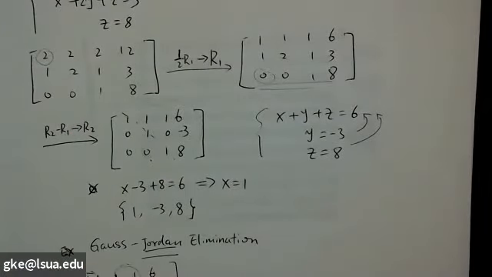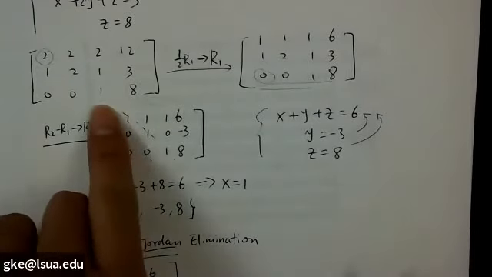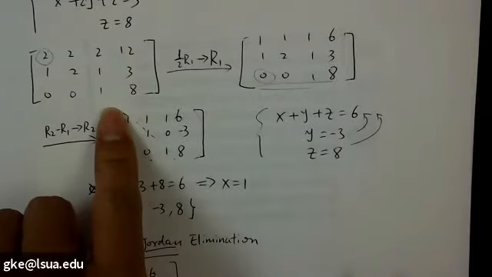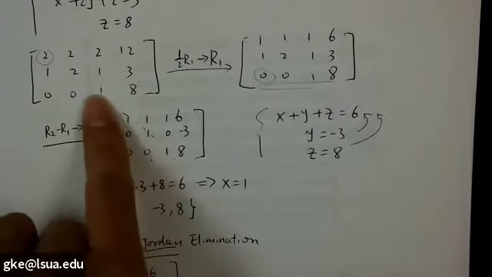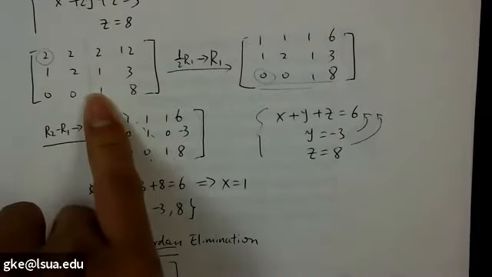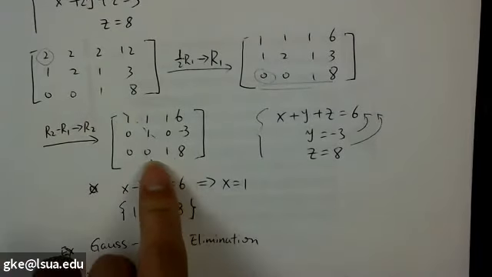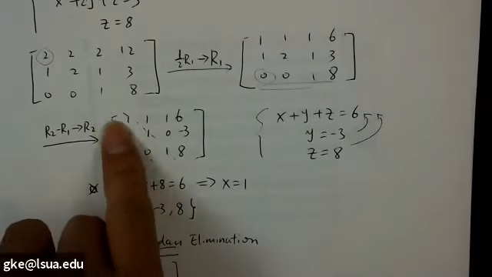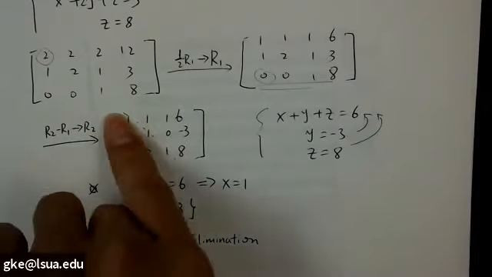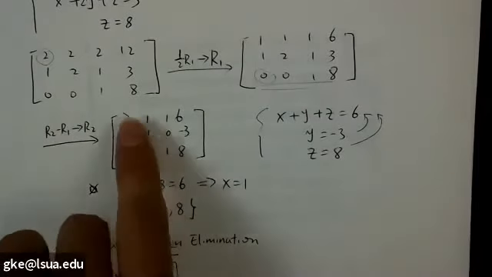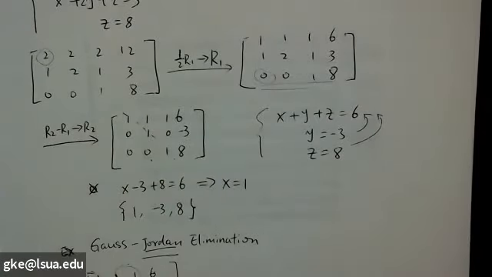That's the basic idea of Gaussian elimination, and that's the reason why we need to keep the diagonal elements equal to 1.